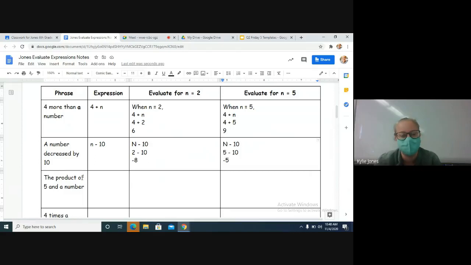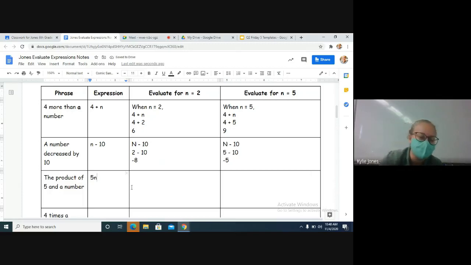This one is a product. What does product mean? Multiplication. A product of 5 and a number. So we are using 5 and we're multiplying it times a number, but we don't know what the number is. So what am I going to use? N, our variable. 5n.